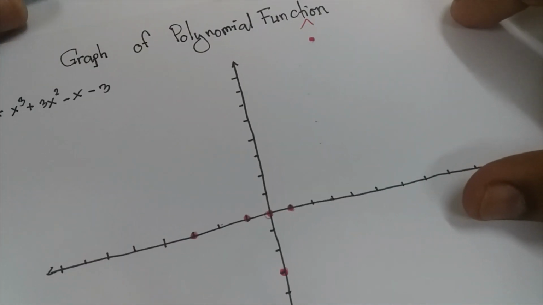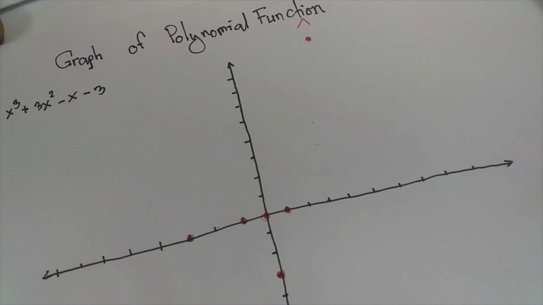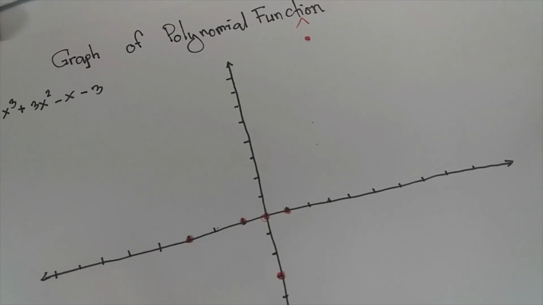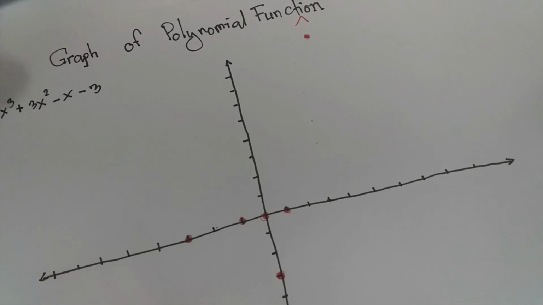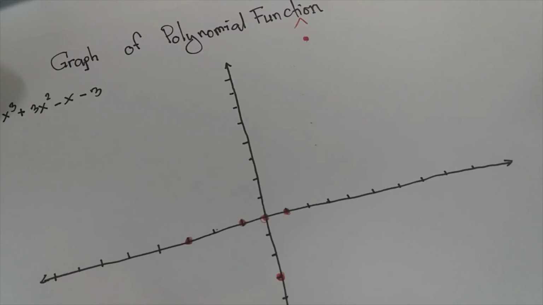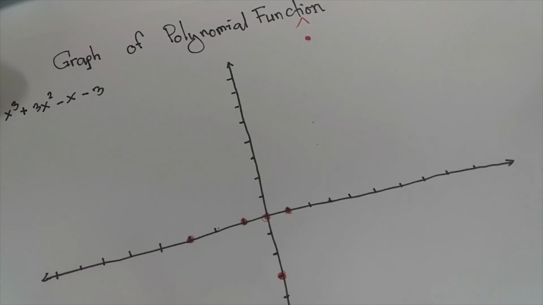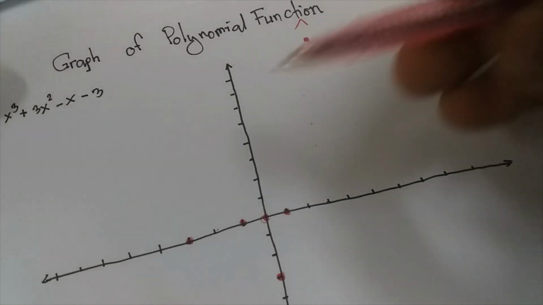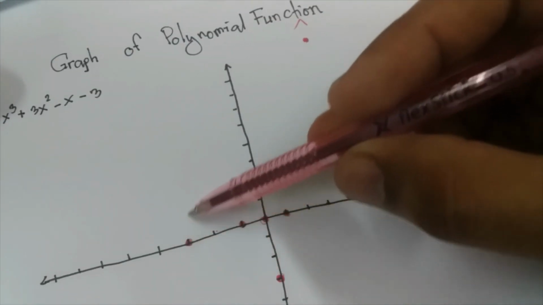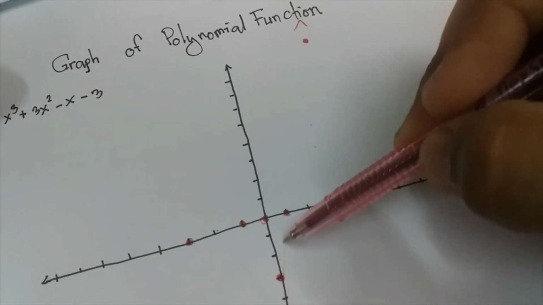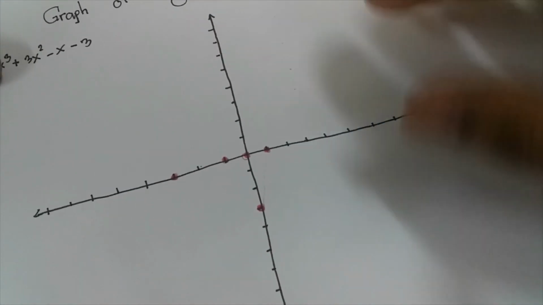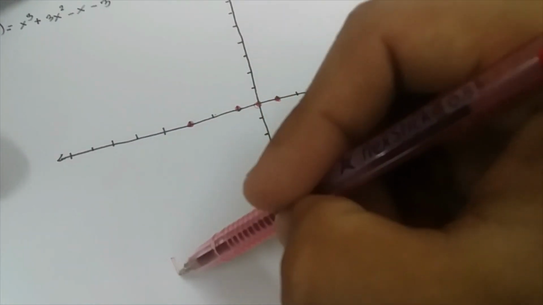So now, before we connect this, we should first identify the number of turning points. The number of turning points, as we got earlier, is 2. So meaning we have 2 curves, 1 and 2. Okay, so we'll connect the points here.